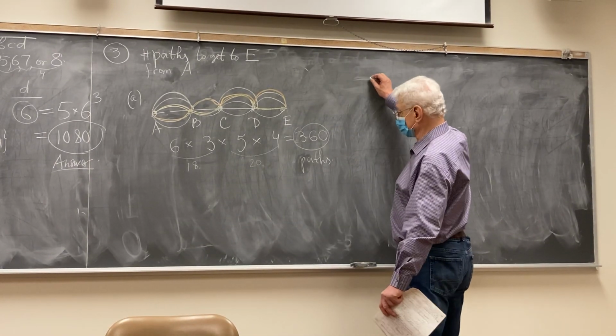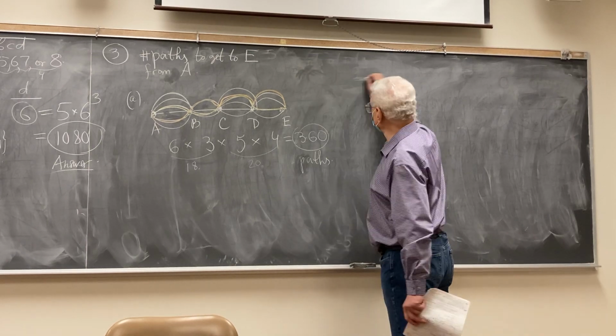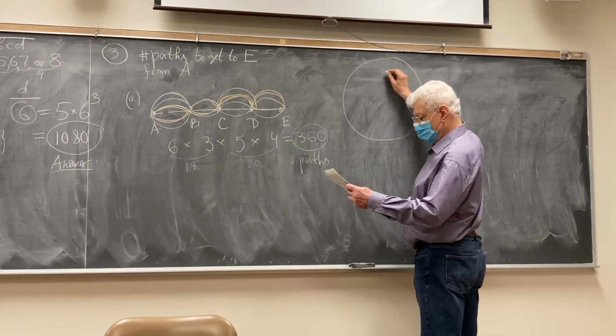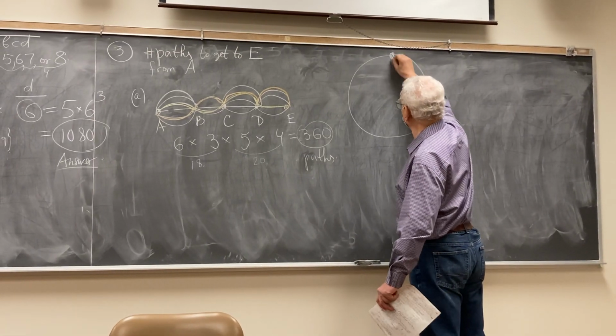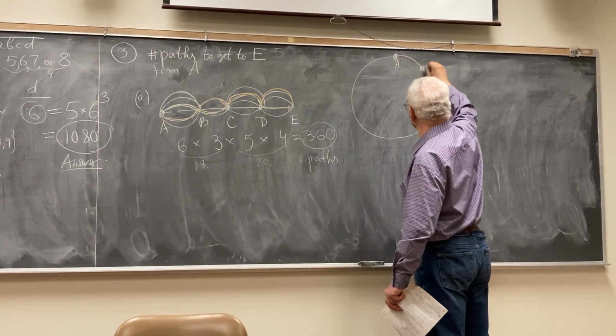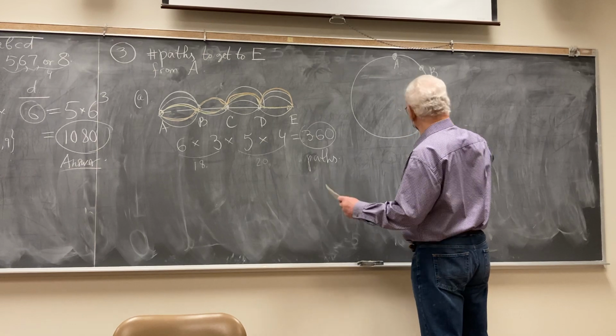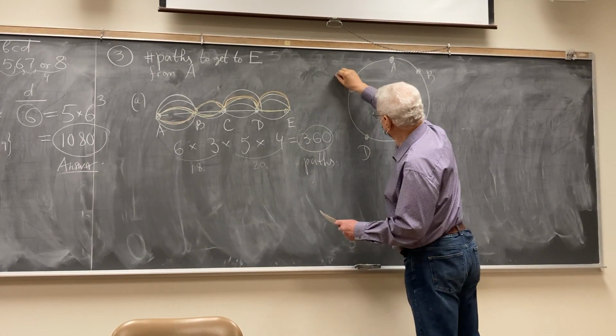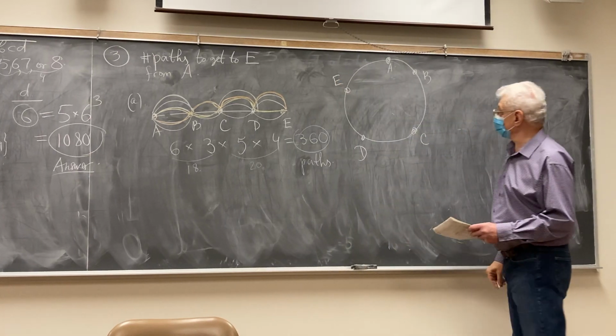Now we just draw a circular path. The same as before. A, B, okay, so let's say C, D, and E. And the same numbers.